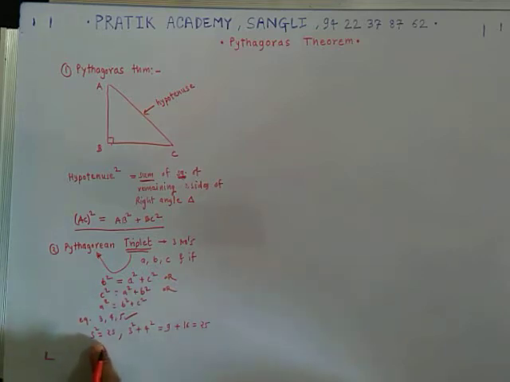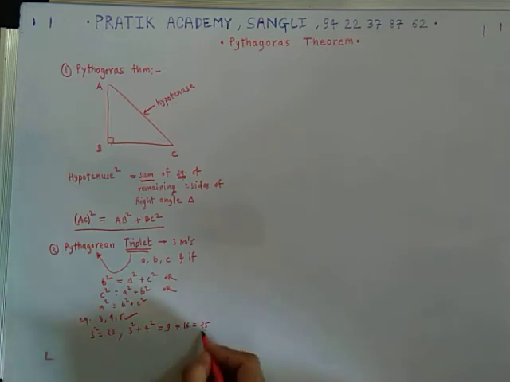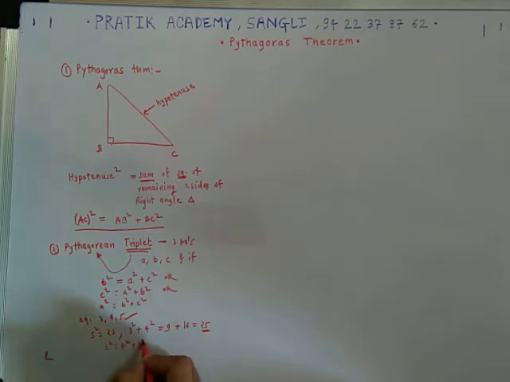If we look here, the square of the larger number is equal to the sum of squares of the remaining two numbers, because the sum is again 25. So we can say that here 5 square is equal to 4 square plus 3 square.